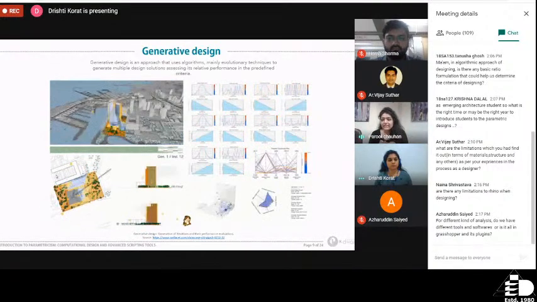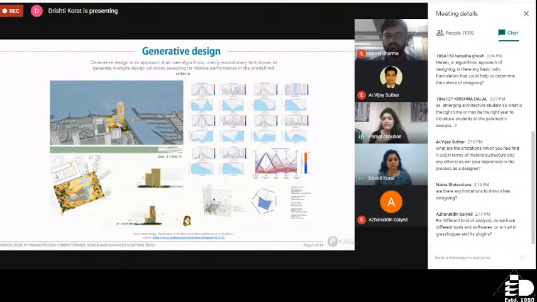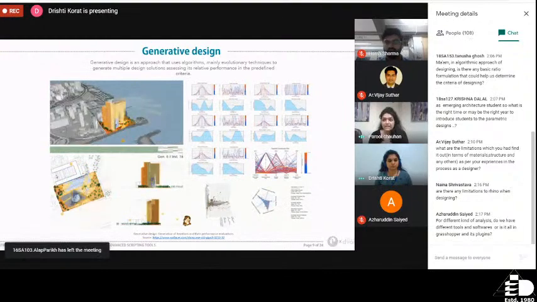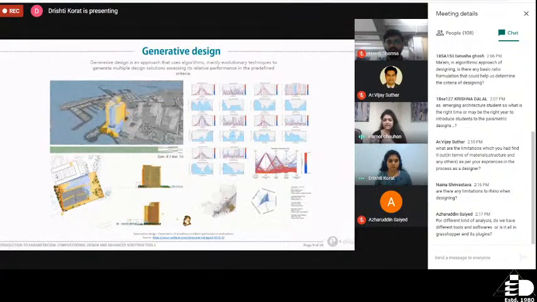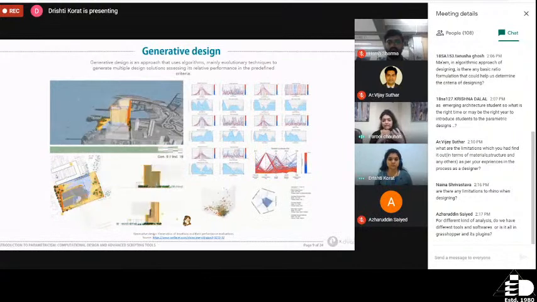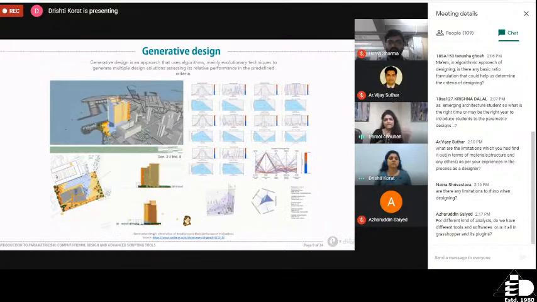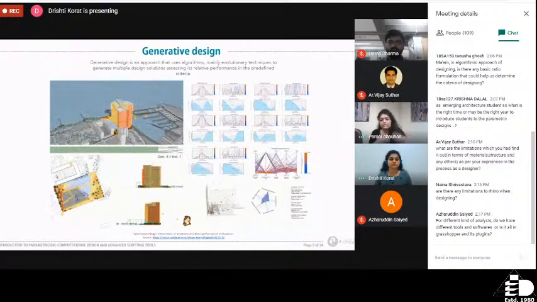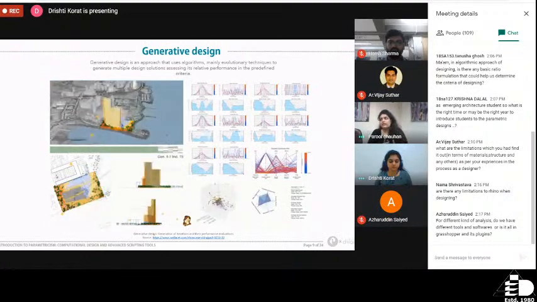And adding to that, you do have analysis plugins for Rhino also. So it's not only Grasshopper that can do the analysis, you can also do analysis on Rhino itself. Grasshopper is an extended plugin for Rhino, and you do have other plugins for Rhino that can do your analysis.